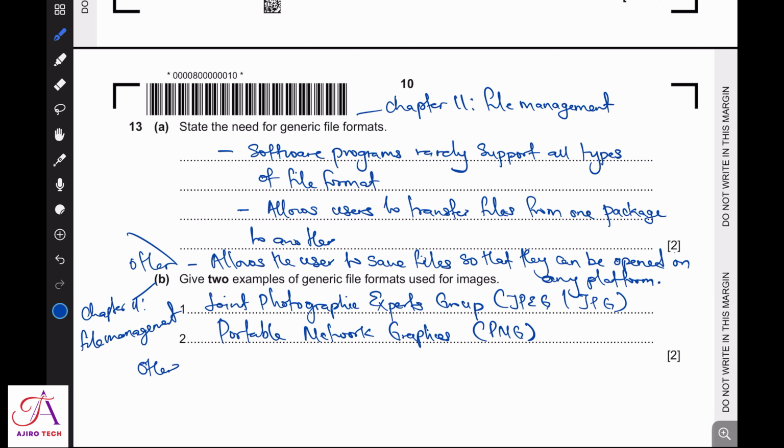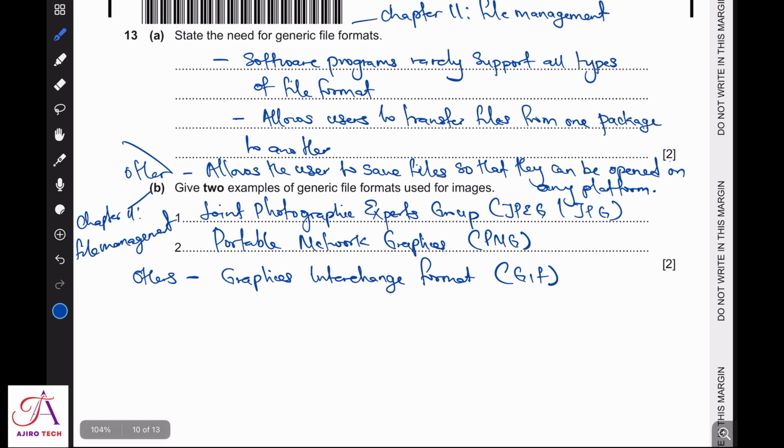For others, we have the Graphics Interchange Format, that's GIF. We also have Portable Document Format.